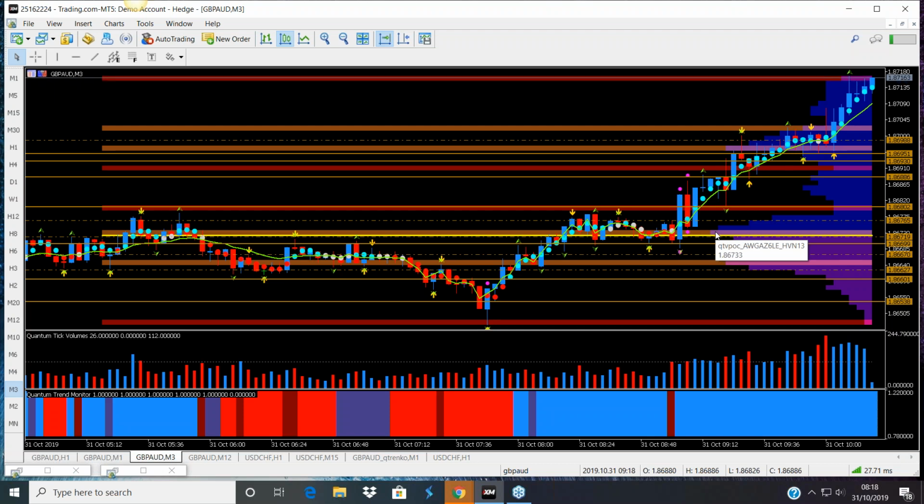What the indicator also does, it's dynamic. So if you've missed all this, 40 points, because you didn't get up, or it doesn't suit the time that you spend in front of your computer, you've missed all that. That is a point where you could start from, a fresh setup, using the VPOC.